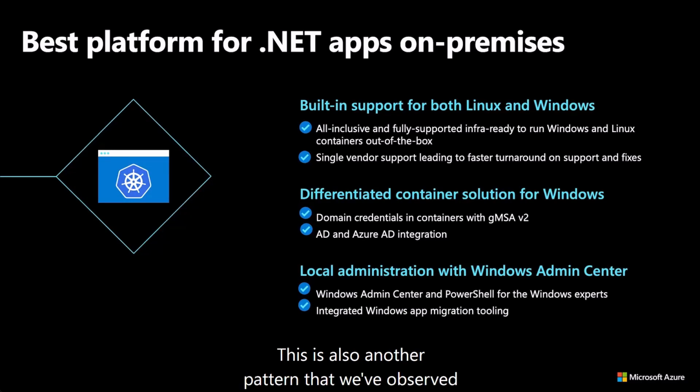This is also another pattern that we've observed among Windows Server customers, right? Most of them are building and running, let's say, legacy or .NET applications, and at some point they want to be able to run these either in the cloud or on Kubernetes or in a more efficient way, for that matter.